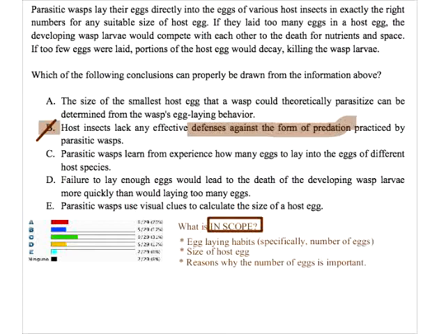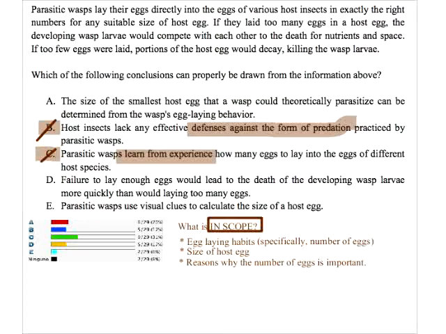Parasitic wasps learn from experience. We don't know how they learn. So it's very possible that this is instinctive behavior. So again, very careful with this, but methods of learning are not in scope.